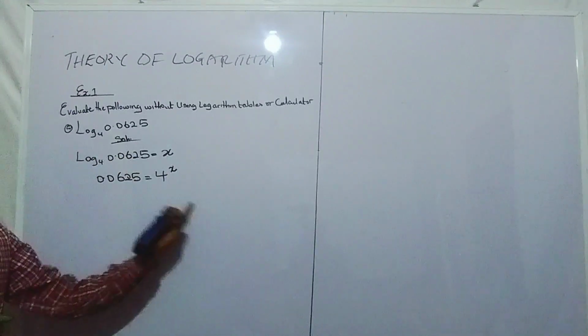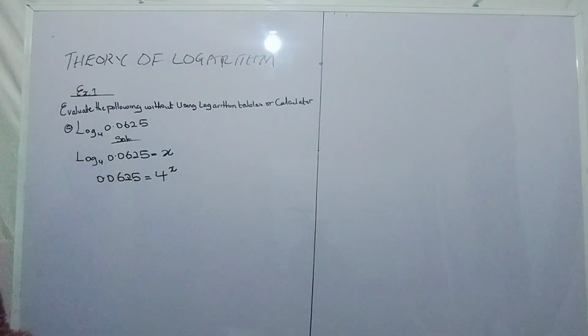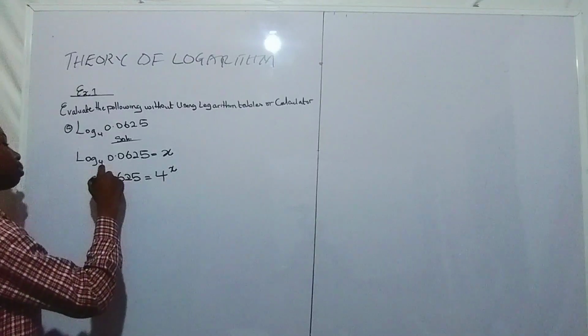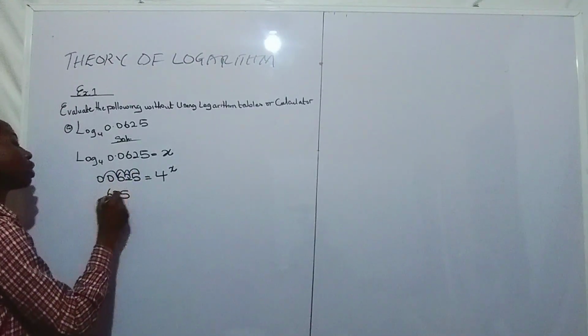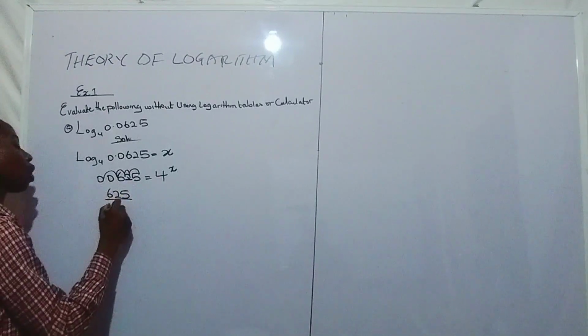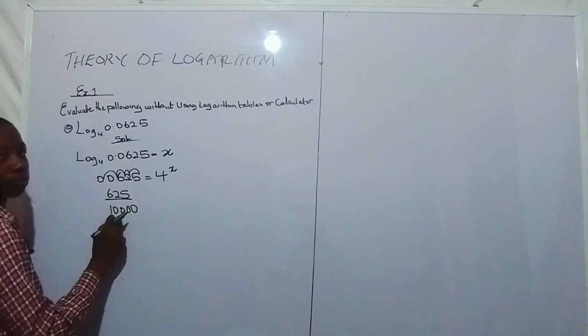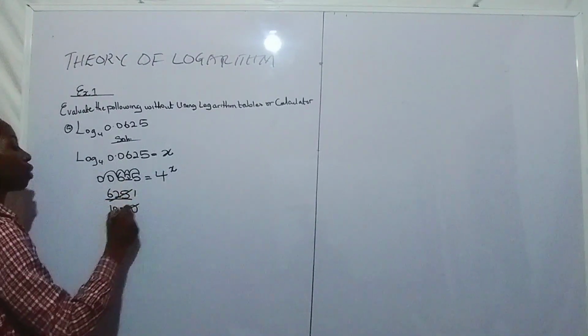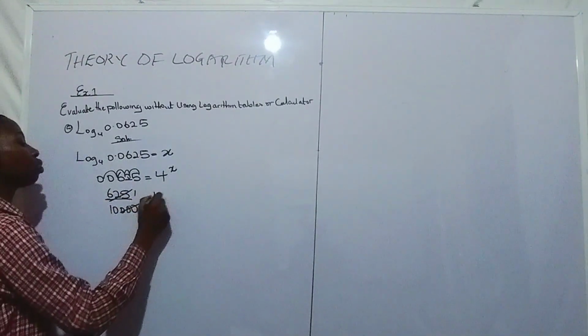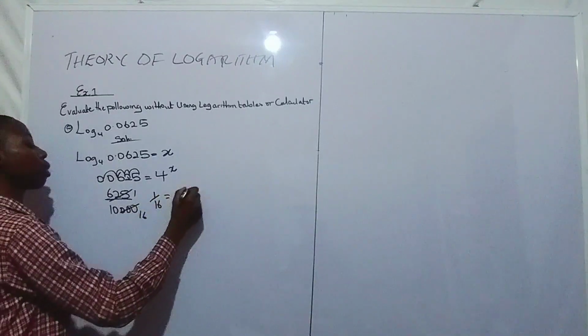That means we want to equalize the bases so as to eliminate. So at this point we count backwards: 1, 2, 3, 4. So we say 625 over the amount of zeros that was counted: 1, 2, 3, 4, which is 625 over 10,000. 625 goes there 1, 625 goes there 16. We have 1 over 16 is equal to 4 raised to power x.